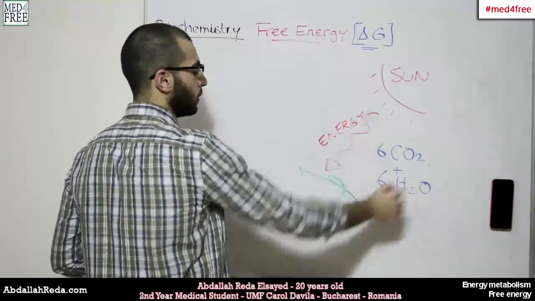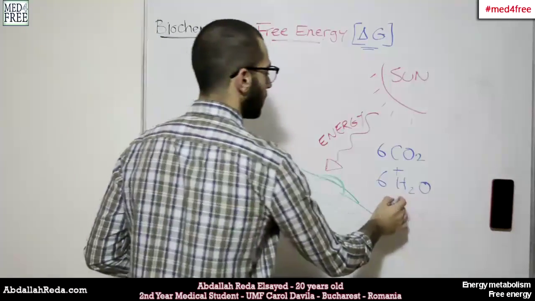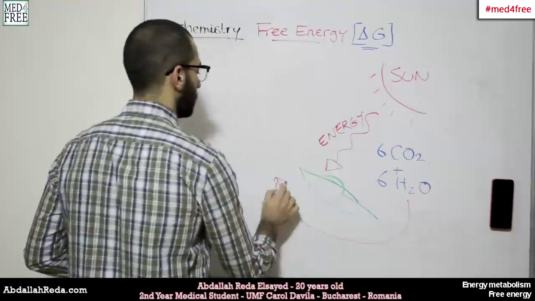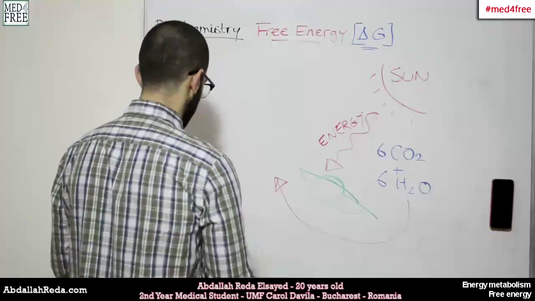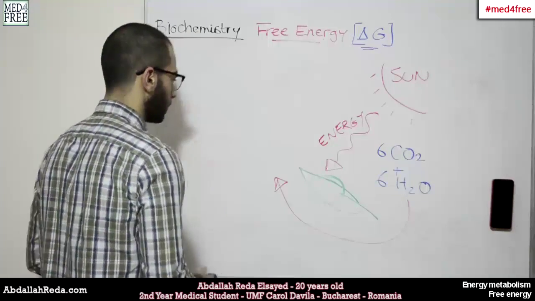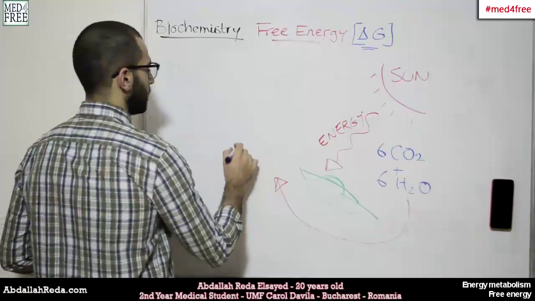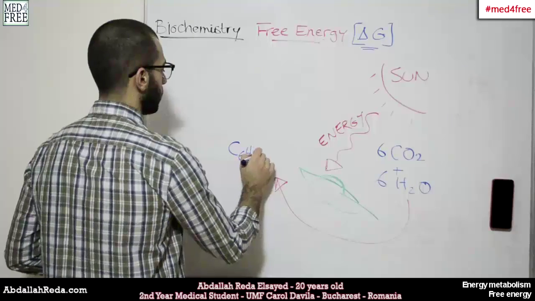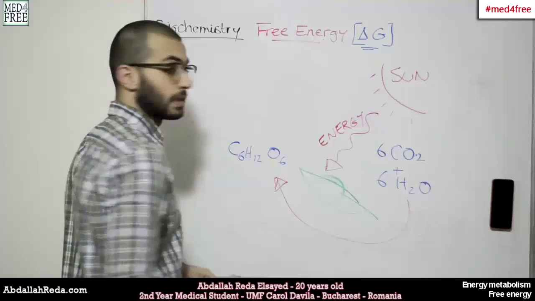So these are all inputs, and these will give us glucose, C6H12O6.